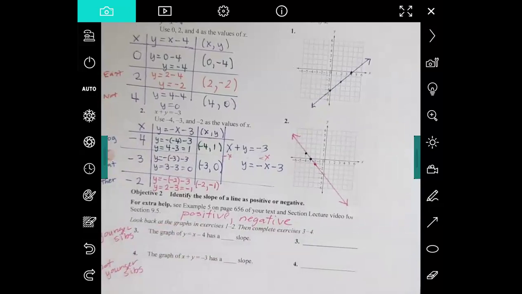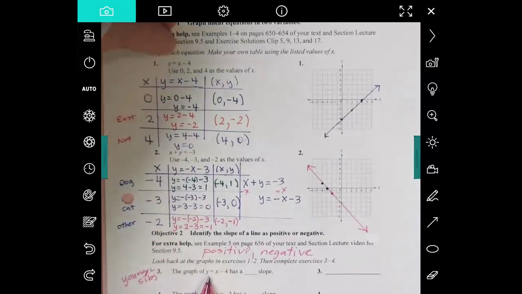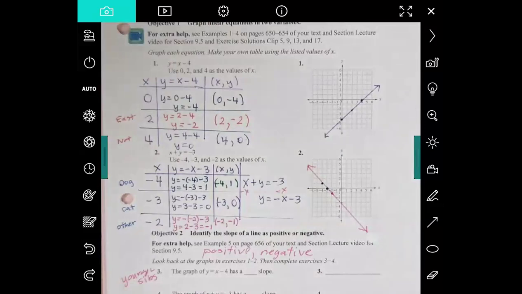Tell if the slope is positive or negative, and those are the ones that we did up here, right? This is number 1 above, and this is number 2 above, okay?